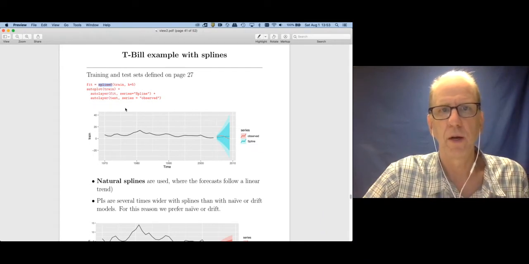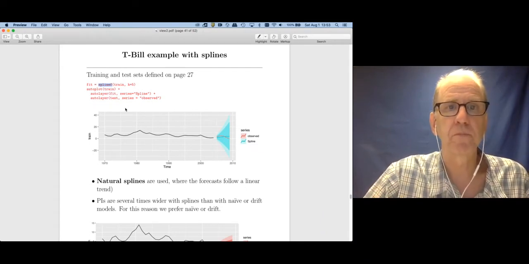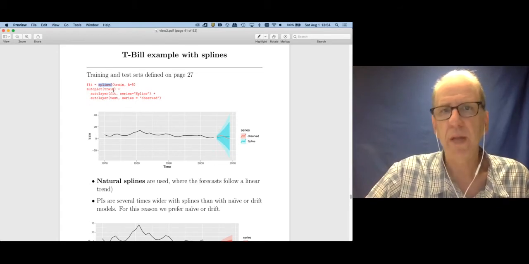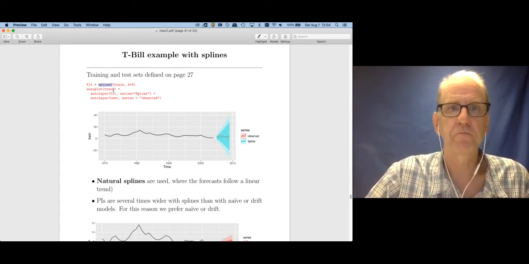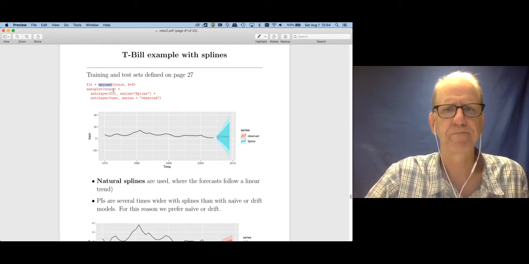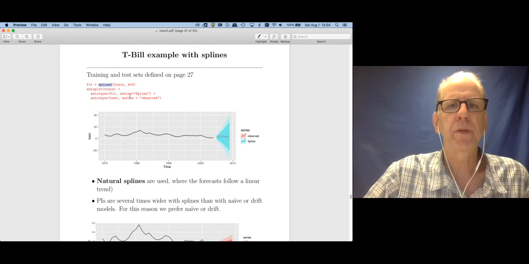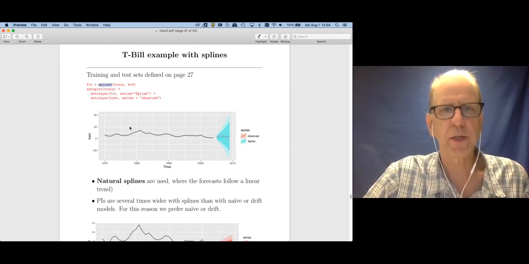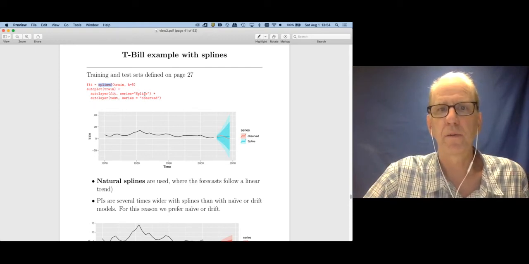So extrapolation is very questionable with these non-parametric methods. Natural splines avoid that by just fitting a linear trend beyond the end of the time series. So what I've done is to create a plot with the original data, the observed data, and the fitted spline model.